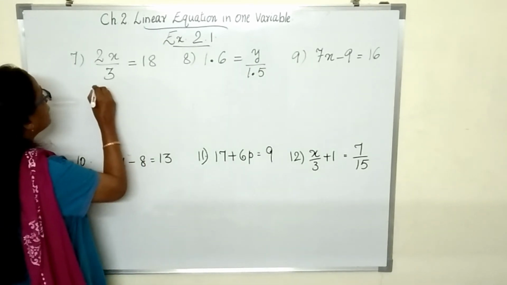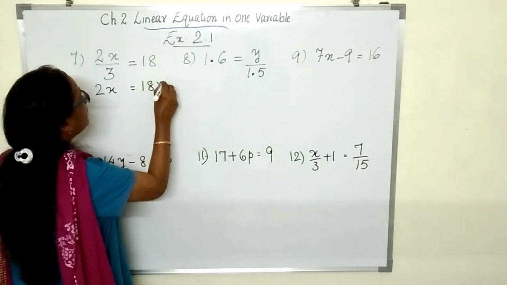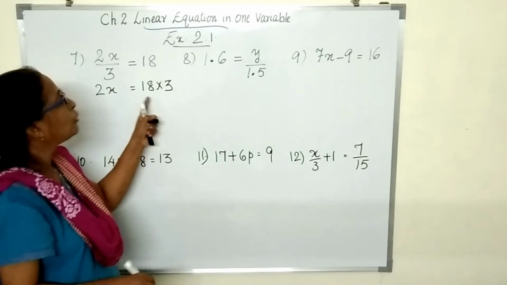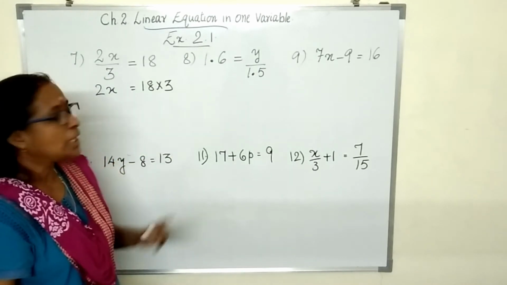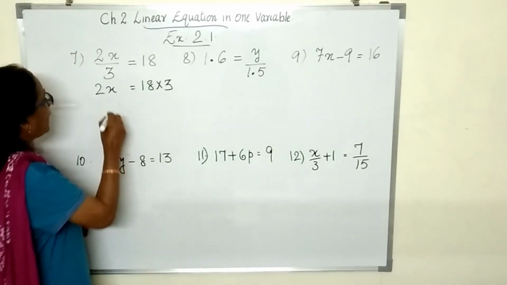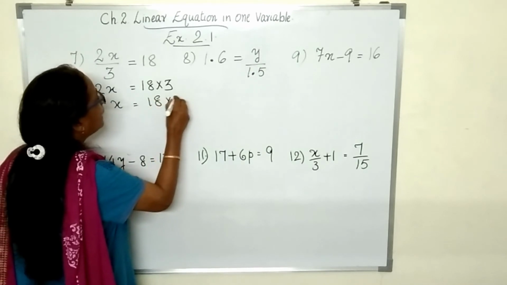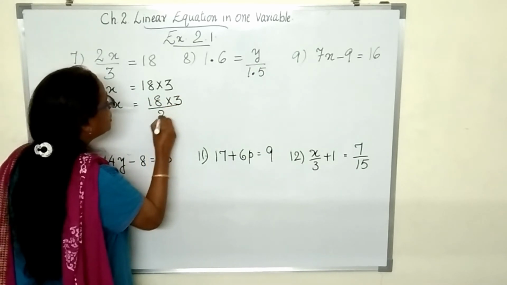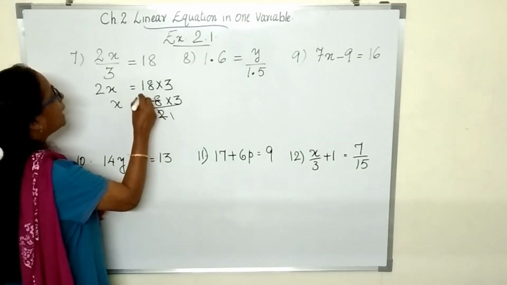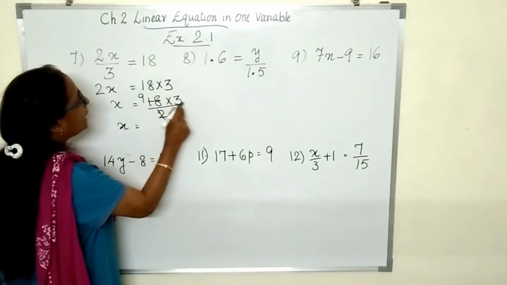So 2x is equal to 18 multiplied by 3. Usually when we get such sums, we don't multiply here because most of the time it will get cancelled. So x is equal to 18 multiplied by 3 upon 2. We know that 2 ones are 2, 2 nines are 18. So x is equal to 9 threes are 27.